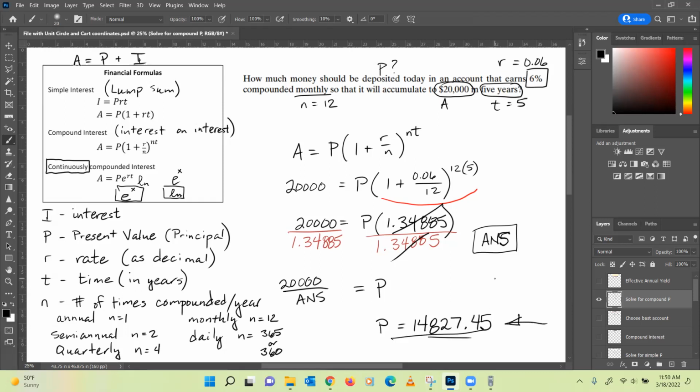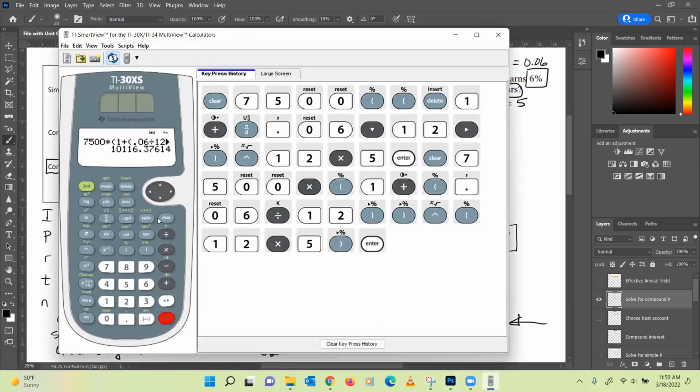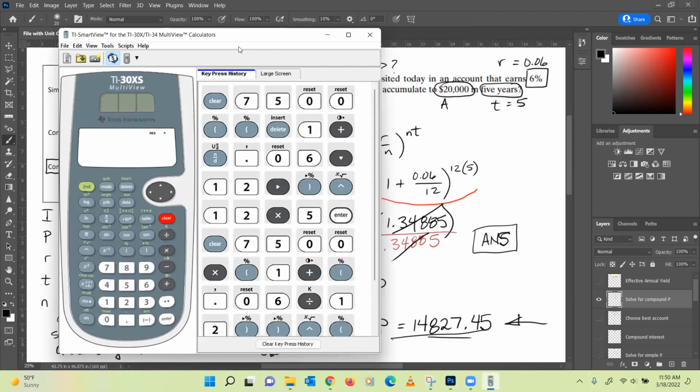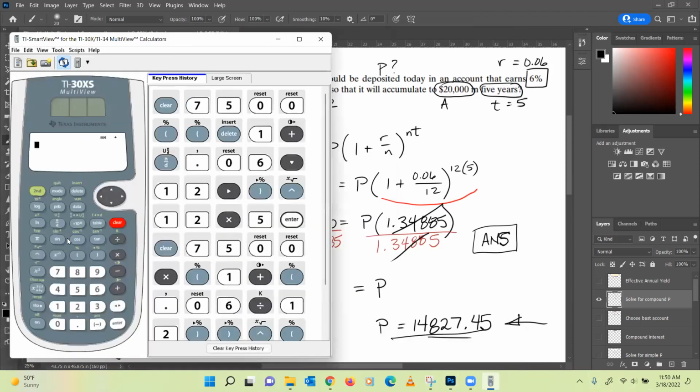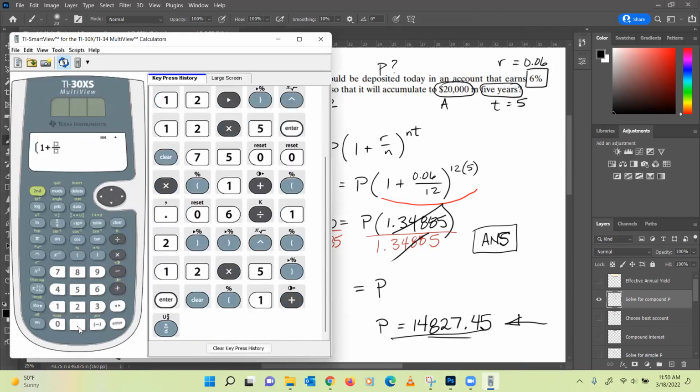So there we go. Actually, I could probably bring up this other calculator and show you what I meant. So I'm going to clear this. We had, let's see, let me pull this back so I can see. I'm going to go ahead and do 1 plus that ratio of 0.06.